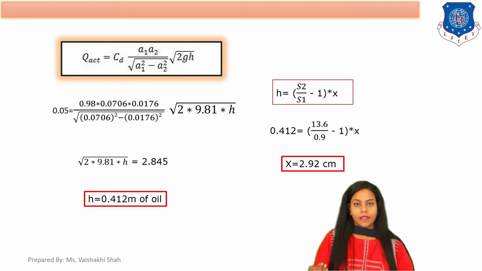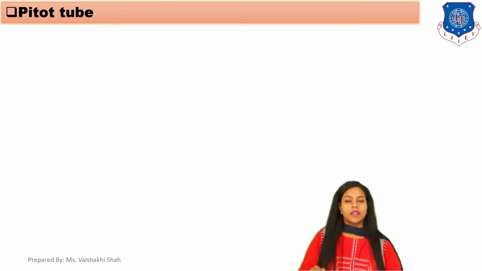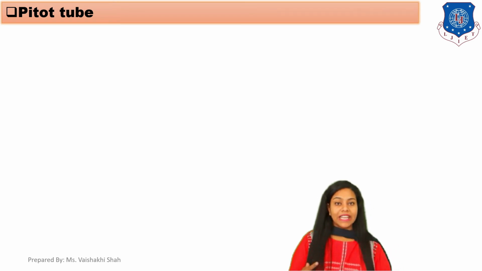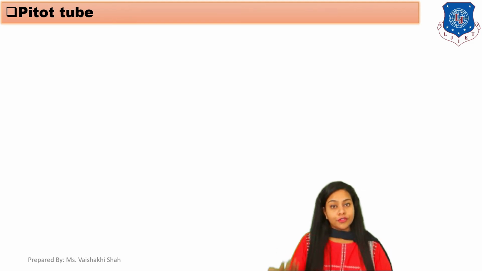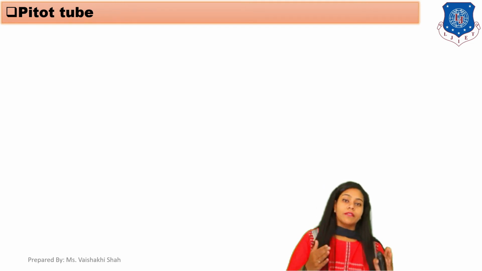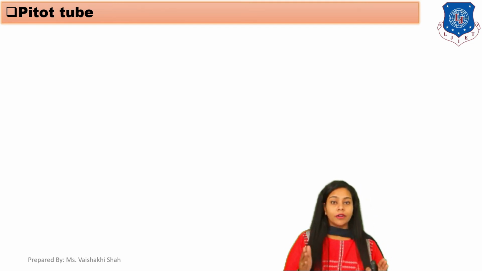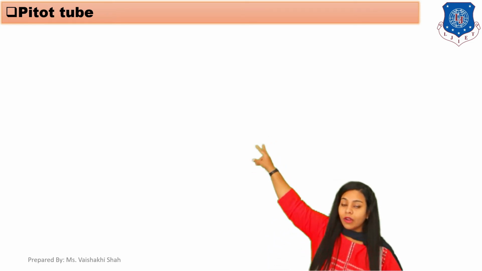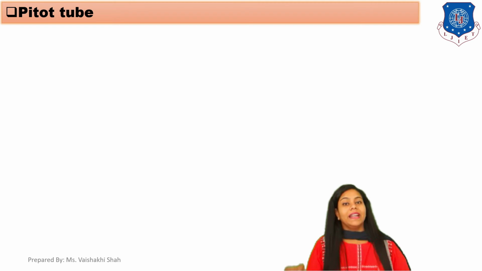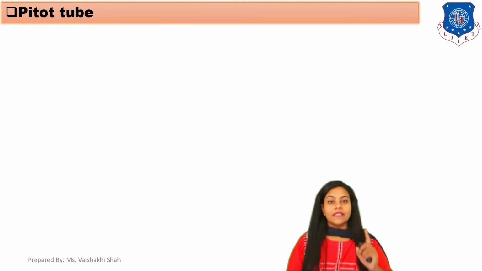Now our next theory, which is Pitot Tube. As we know, Venturimeter is used to measure discharge of the fluid, and Venturimeter is a practical application of Bernoulli's equation. In the same way, Pitot Tube is also a device which is a practical application of Bernoulli's equation.